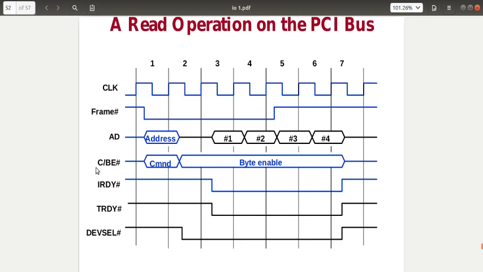On the command/byte enable lines, initially the command bits will come, after that the byte enable bits will come. Similarly for each line there will be a change. You don't have to memorize this, I just wanted to show how these signals are changing. So that's it regarding the PCI bus.